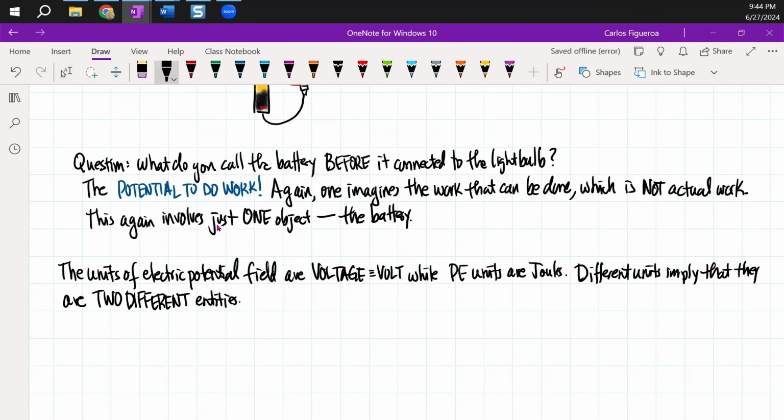Once again, the potential field is the source of the potential energy function.